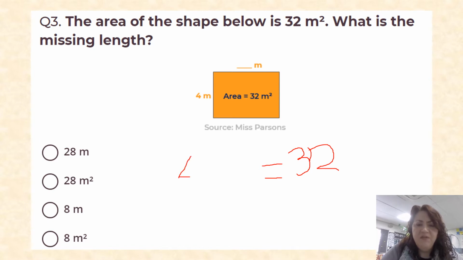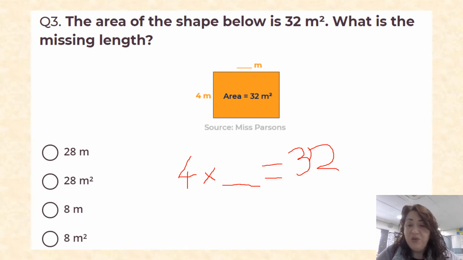So we know one of our numbers that we're multiplying is 4, but we don't know what the other one is. So I've got to use my knowledge of times tables to work out what I times by 4 to get to 32. In other words, what's the factor pair that goes with 4 to make my product of 32? 32 is the multiple. I need to find the other factor that goes with 4.